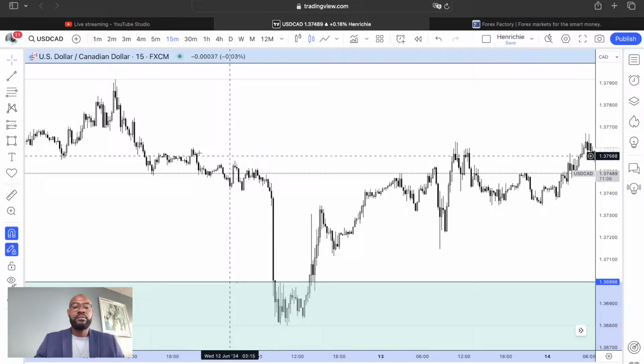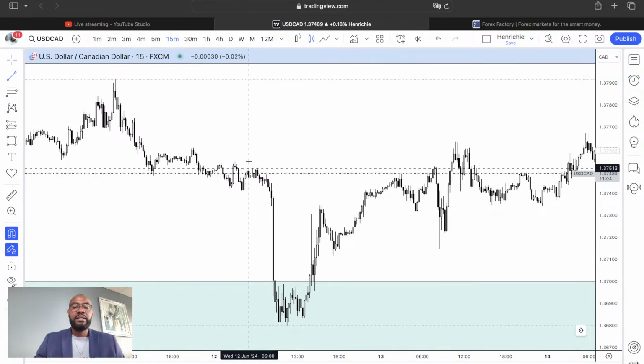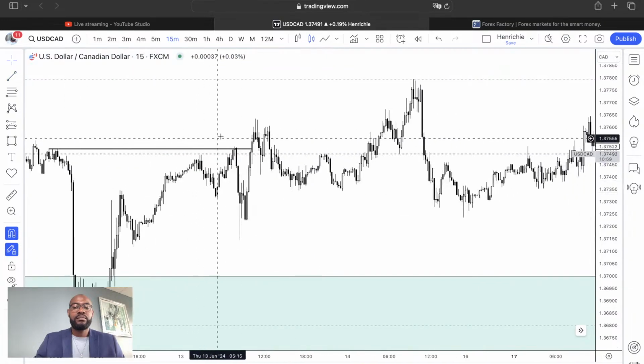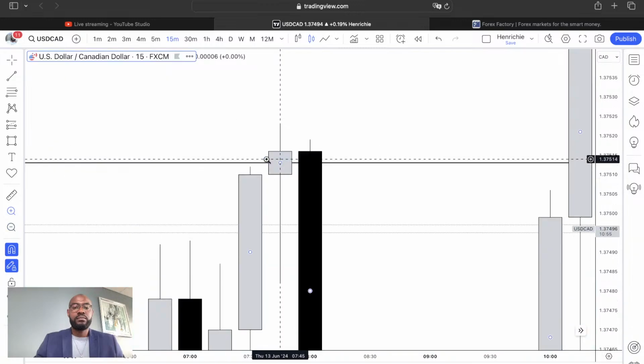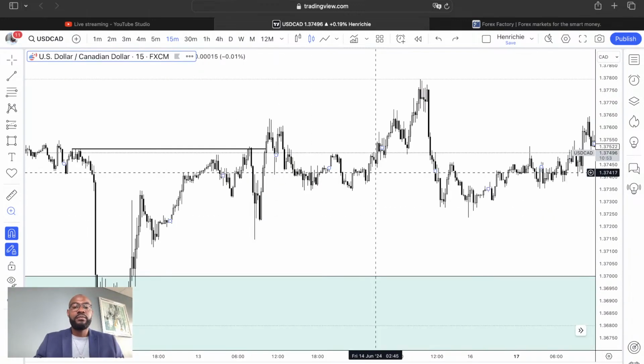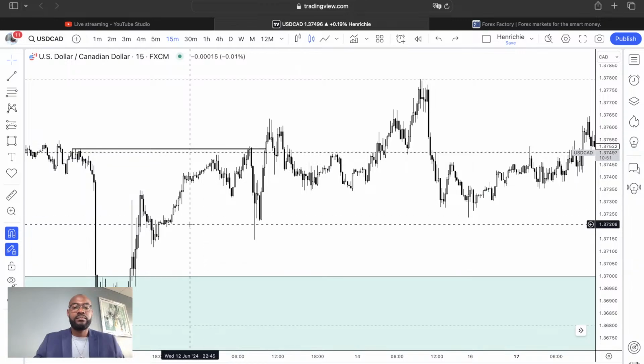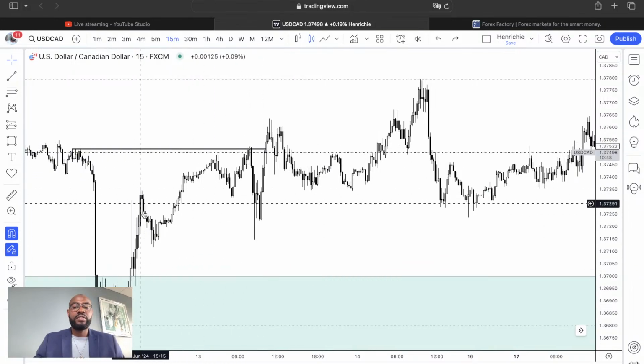And right here, we'll have a high, a break of structure. After a break of structure, last down close candle.